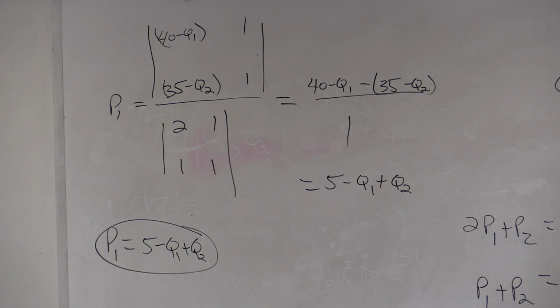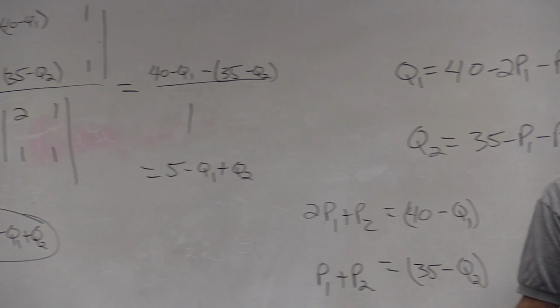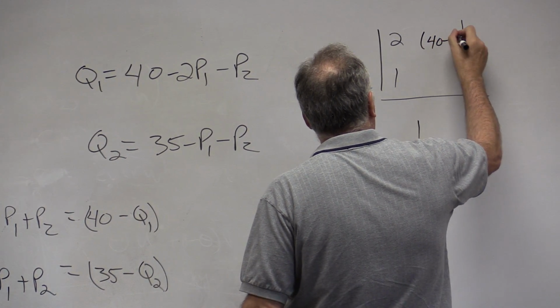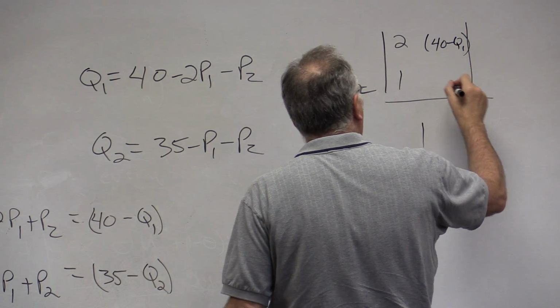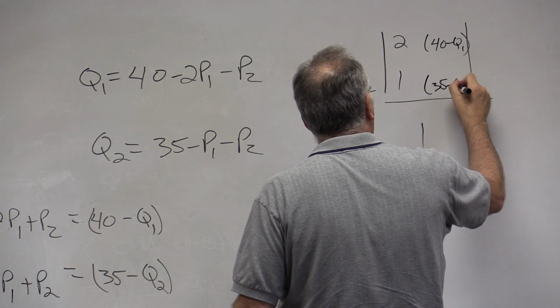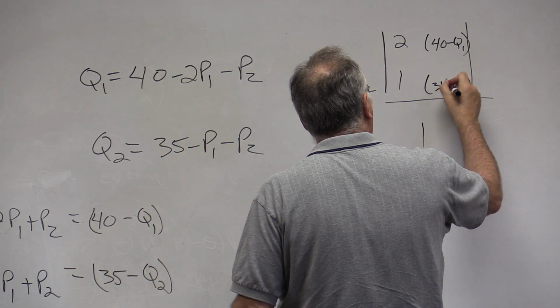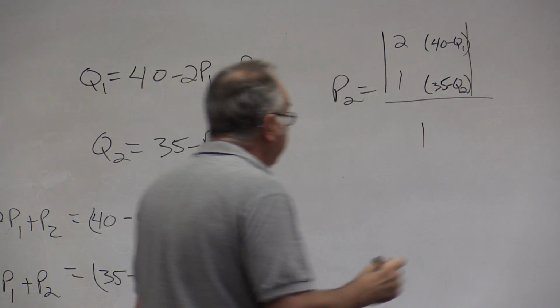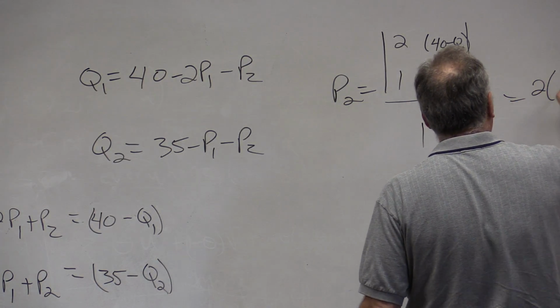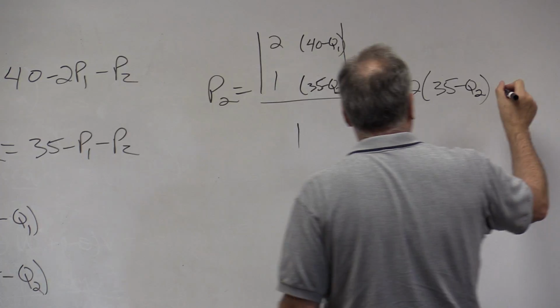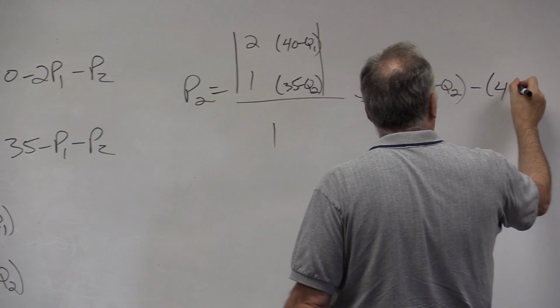The determinant in the numerator is just going to be, let's see, what was it? The first was 2, 1, and then you substitute in here. So this will just be 2 times 35 minus Q2 minus 40 minus Q1.